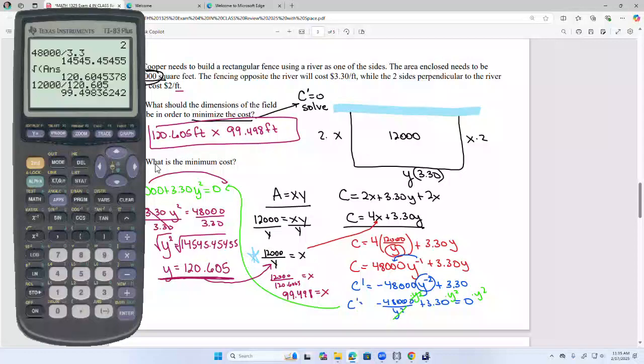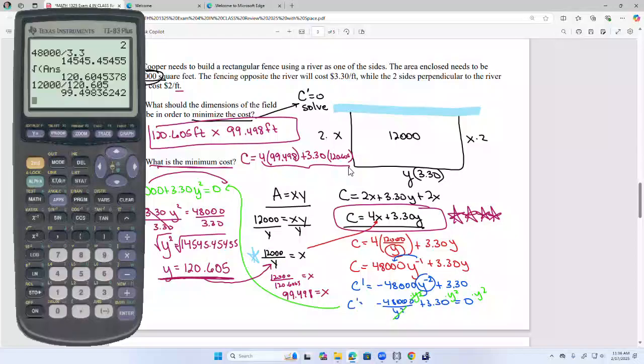And then it says, what is the minimum cost? So I'm going to come back over here to my cost function. Here was my cost function, and I'm going to plug in the x and the y. So if I plug in the x, I have 4 times 99.498 plus 3.30, and if I plug in the y, that was 120.605.